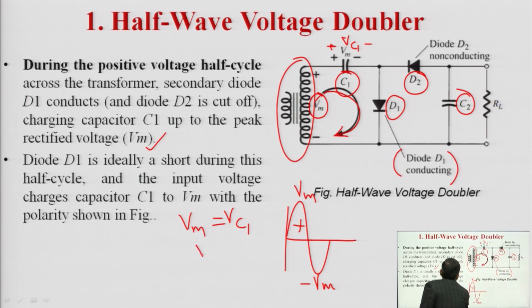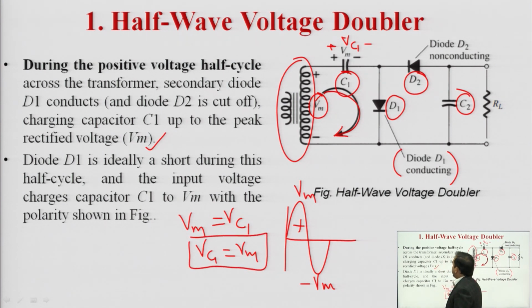So capacitor C1 is charged to the maximum value, which is Vm. We are assuming these diodes are ideal, so we can treat this as a short circuit during forward bias.